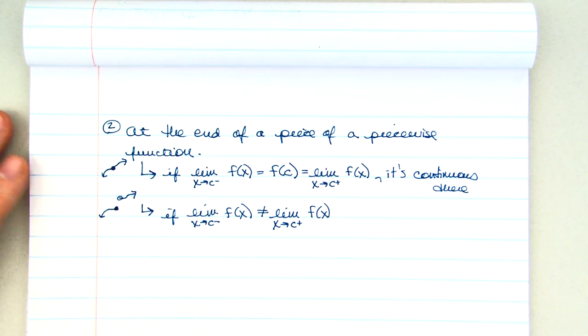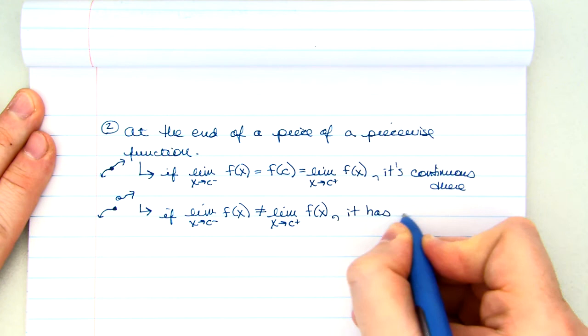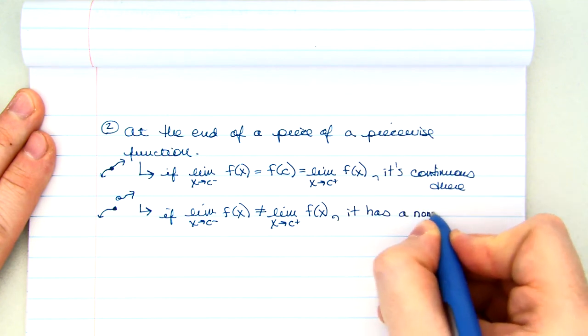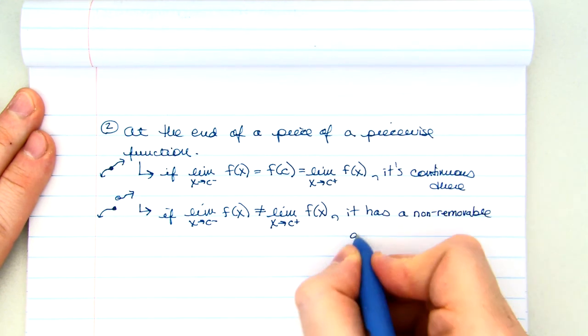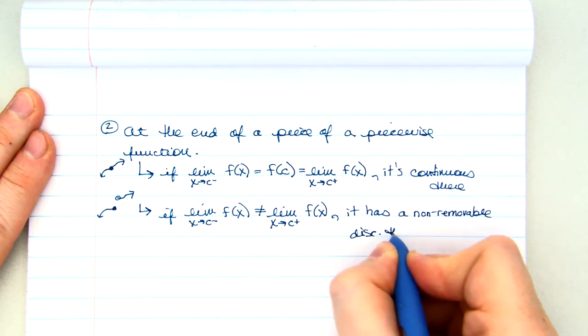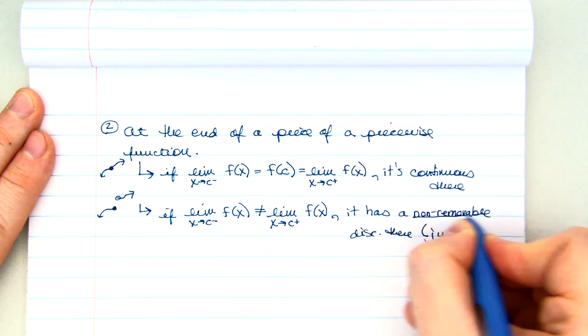Yeah. How? Removable? You can fix it. Non-removable? You can't. Tyler? Non-removable. It has a non-removable discontinuity there. And specifically, what is it? It's a jump.